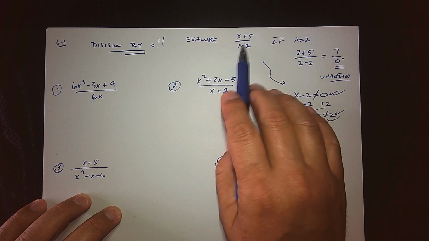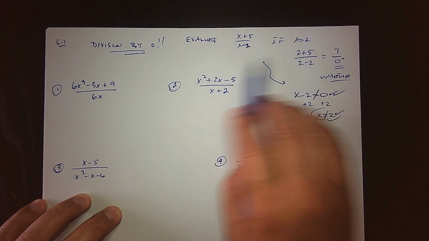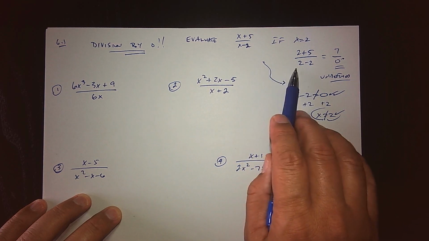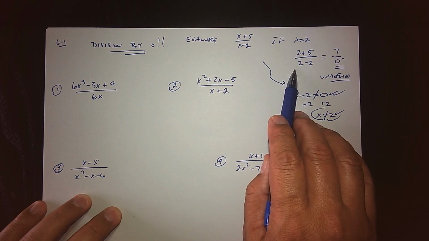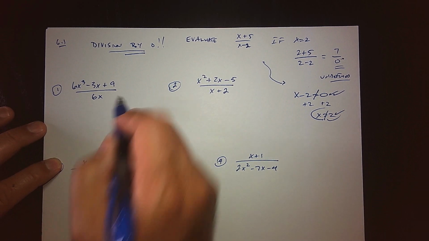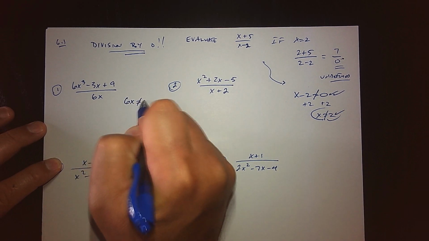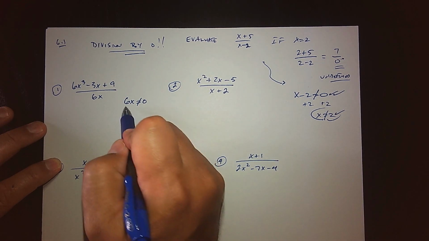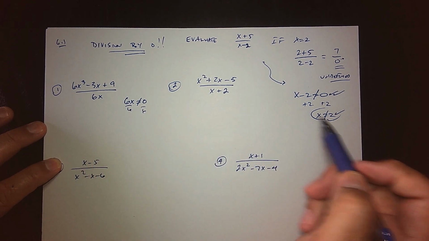So this basically says for this expression, I can use any number I want as long as it's not 2. The evaluation will come out with some value. Right here, I know some of you can say it's 0, but officially, I do not want 6x to equal 0. If we try solving that, I divide both sides by 6.